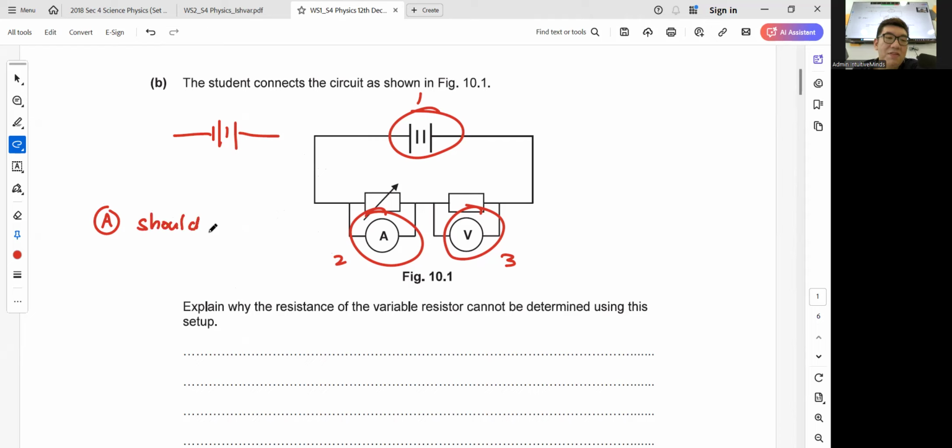Is this in series? You don't know the difference between series and parallel, right? This is parallel. Series should have been here. This would be correct.